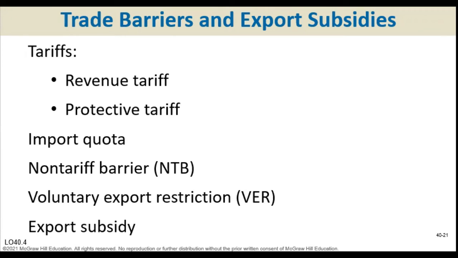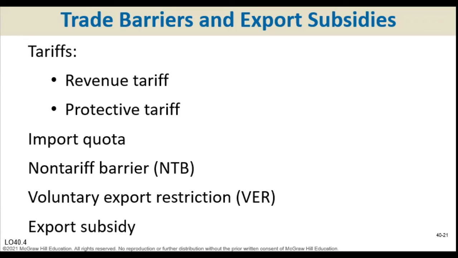Okay, and the export subsidy consists of government payments to a domestic producer to produce more and export goods. Export subsidies are designed to help that producer by reducing the cost of producing the good.